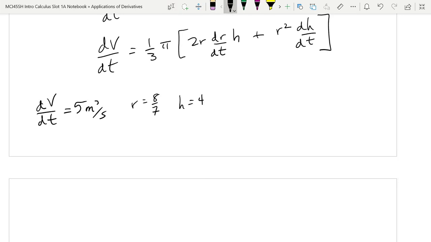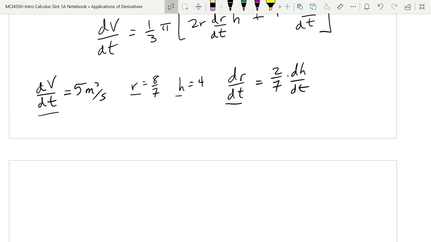We're looking for dh by dt, but we know that dr by dt is 2/7 times dh by dt. So we can take all 4 of those variables and substitute them out.